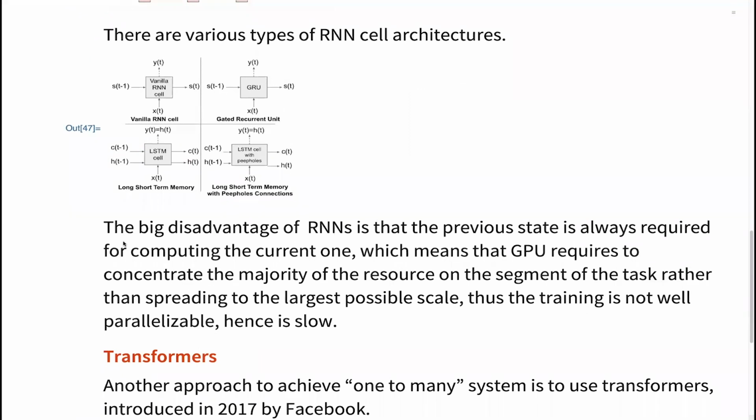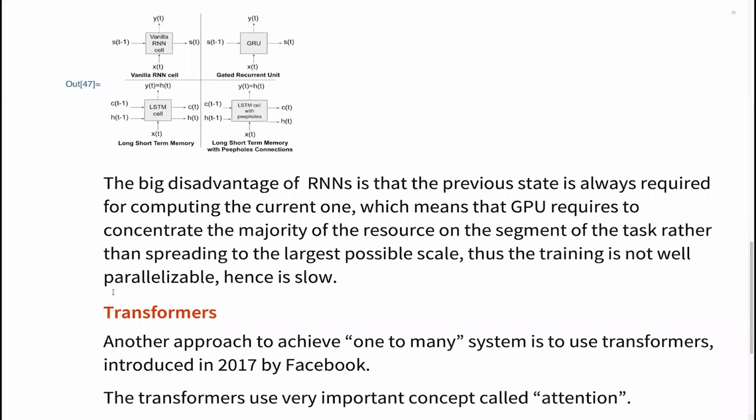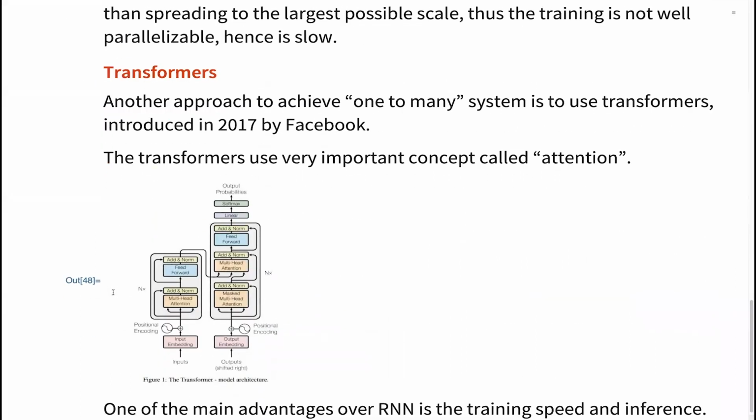There is, of course, a disadvantage in this approach, which is that the GPU is not really optimizable for this type of task, which makes parallelization pretty much impossible, and hence makes the overall training process very slow. Another approach to solve this type of task is the usage of transformers, which was recently introduced by Facebook.